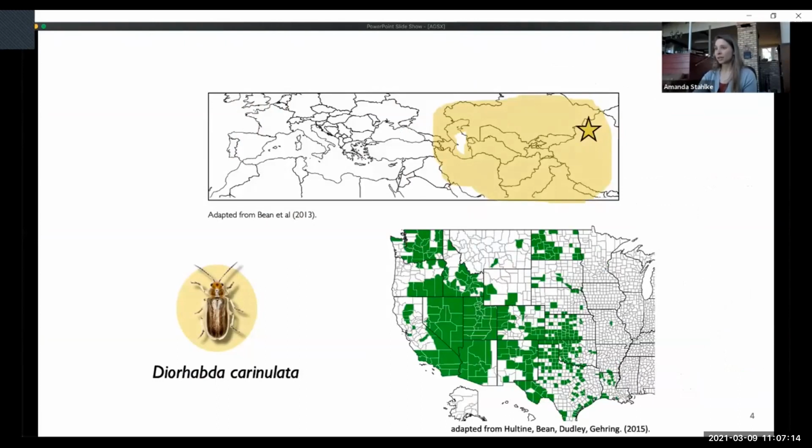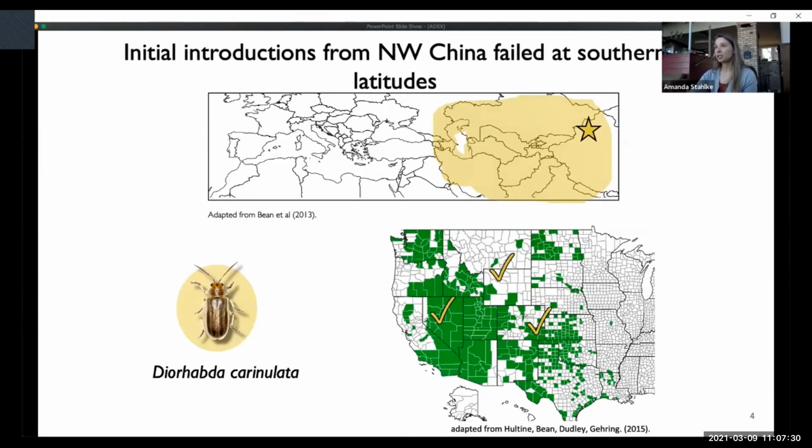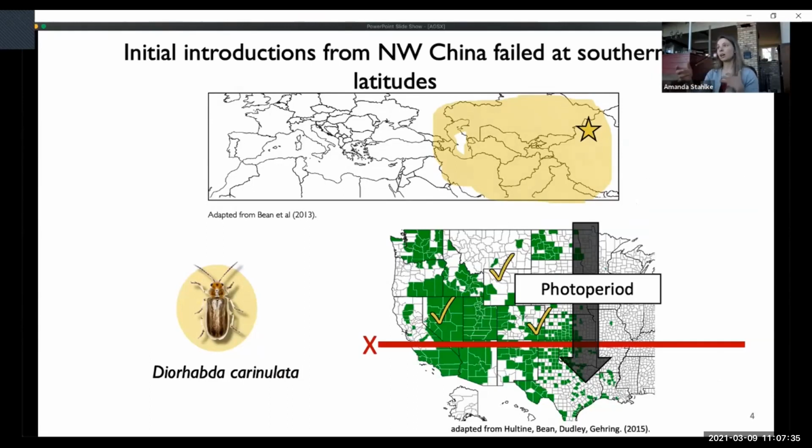And the first agent that was released came from Northwest China, indicated by this star here. This was Diorhabda crenulata, and it was introduced in Wyoming, Colorado, and Nevada with some success. However, these initial introductions from Northwest China failed at southern latitudes because Diorhabda crenulata dropped into the leaf litter too early, leaving it vulnerable to predation and depleting fat storage, while there was all this fleshy, delicious tamarisk still out through the fall and winter.